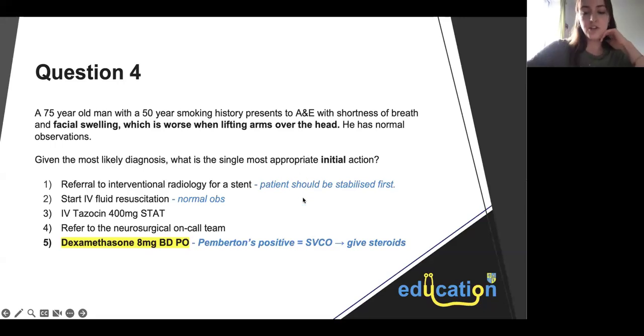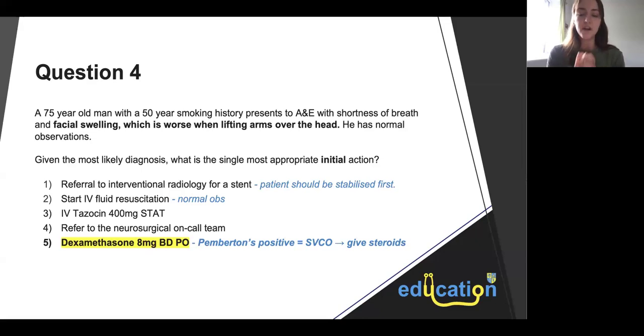It's all about the questioning here, because actually 1 is also something that you would probably consider. So it's reasonable to get the radiologists involved. But in terms of initial management, we know that for SVCO, you need to give them dexamethasone. And in general, with oncological emergencies, you need to give them dex stat as soon as possible, because it reduces some of the edema, and therefore it stabilizes the patient in that it hopefully reduces some of that acute obstruction on the superior vena cava.